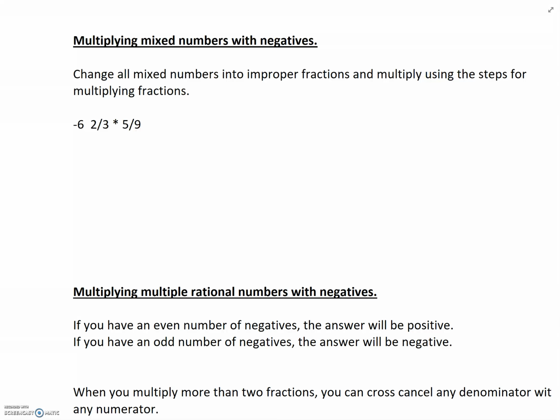Otherwise, we don't really know what the numerators are. So let's change negative 6 2/3. So negative 6 2/3 times 5/9. So 3 times 6 is 18, plus 2 is 20. So this is negative 20/3 times 5/9.